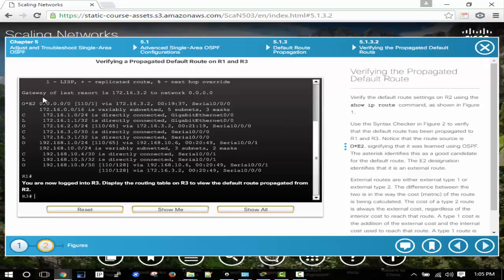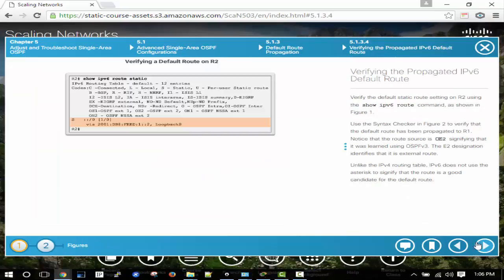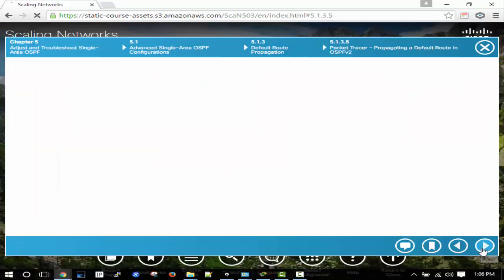We can either have E2 or E1s. They mean external routes. One, we actually calculate the path to it. The other one is just set default. But that's CCNP information too, so don't worry about it.